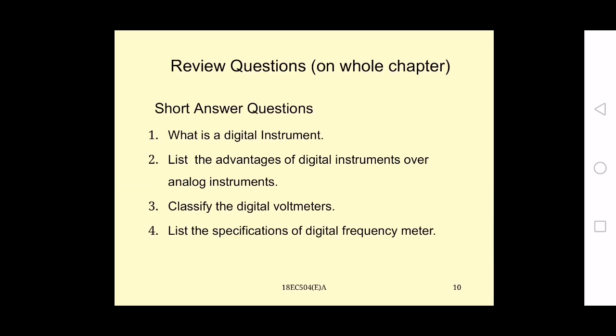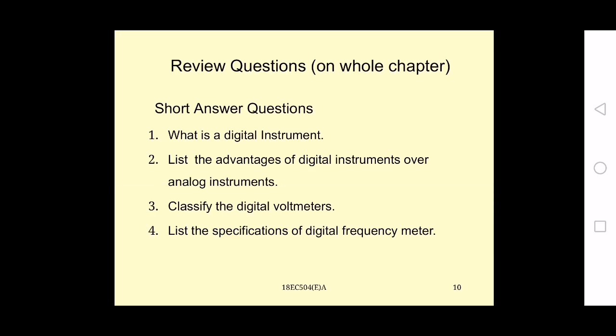As we come to the successive approximation type DVMs, what we are doing is successively approximating the input value to the final value of the successive approximation register control word. That control word is given to the digital to analog converter, and the converter output is continuously checked with your input signal.